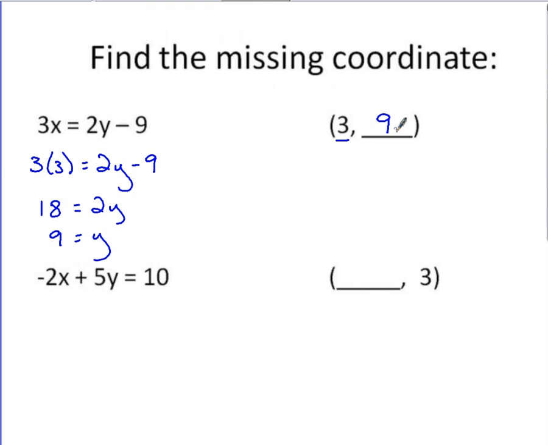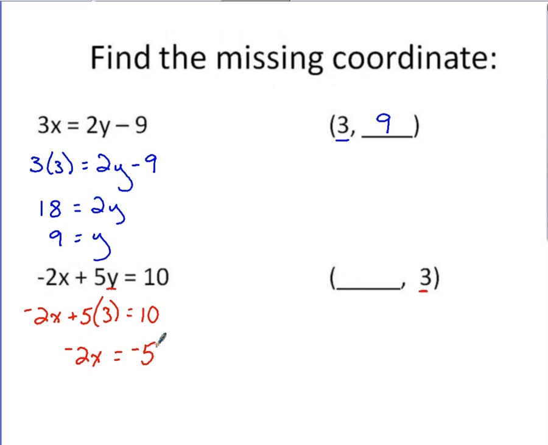So I've got my missing y coordinate. And then next example, just vice versa. You know what the y coordinate is. So you take that y value, insert it into your equation for y, and solve for x to get the missing x coordinate. Negative 2x plus 5 times 3 equals 10. 5 times 3, 15. 15 we would subtract over from that 10, meaning we'd have negative 5.